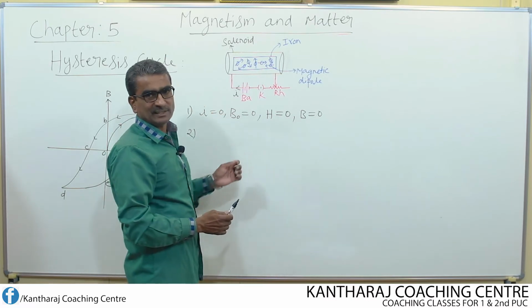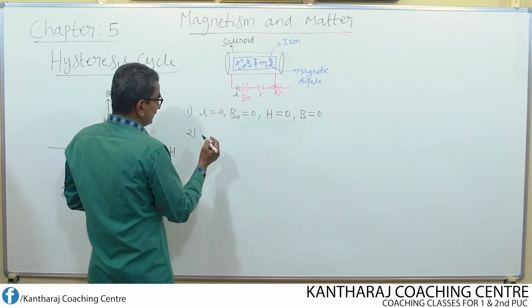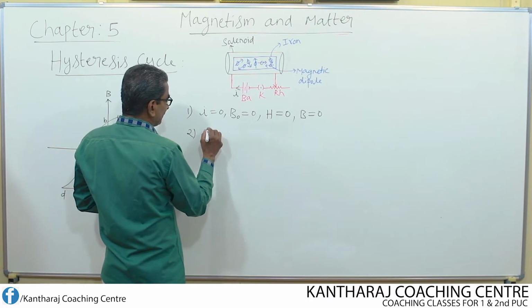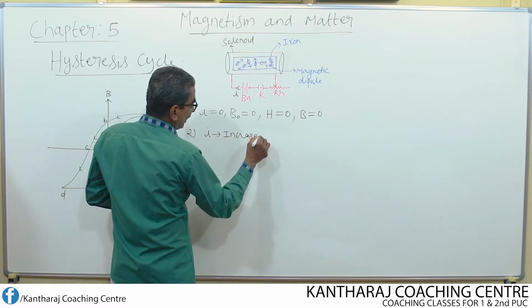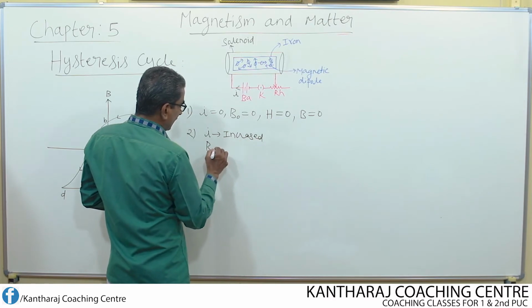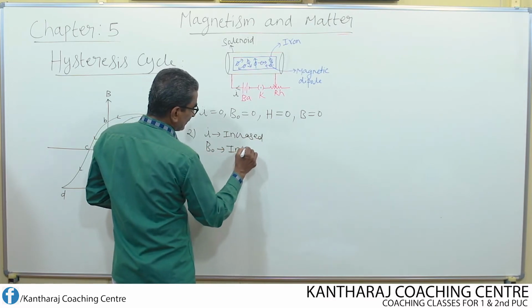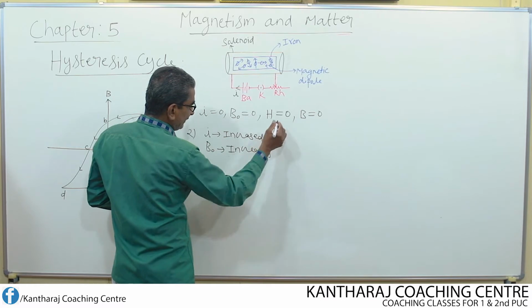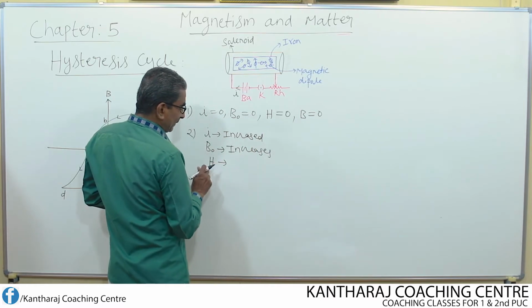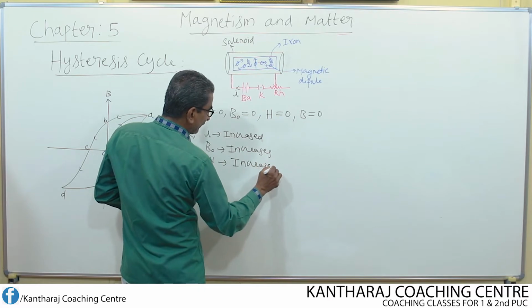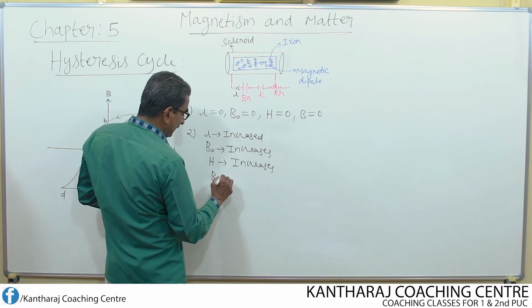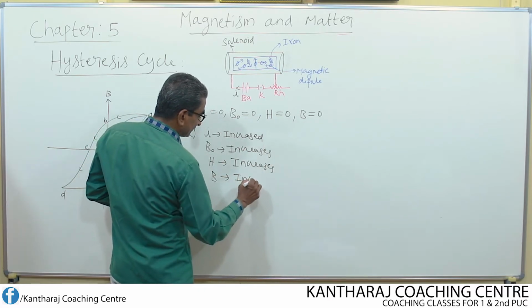So let us write this in the simplest format. On increasing I, if I is increased, then what happens? B naught also increases. Thereby H, the magnetic intensity, also increases. Then the magnetic field B also increases.